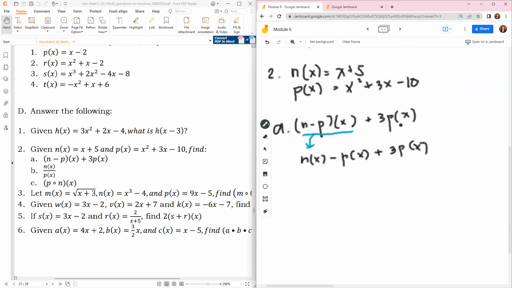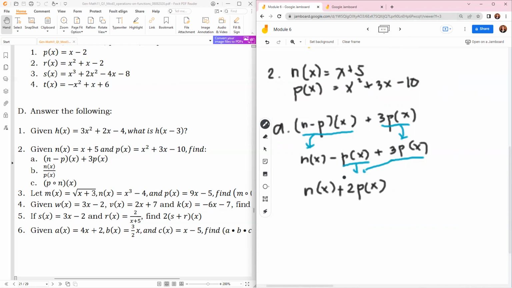So I'll copy it here. Since both are p of x, we can merge them. So what is 3p of x minus p of x? That would really just be equal to n of x, and 3 minus 1 is equal to positive 2, so 2p of x.